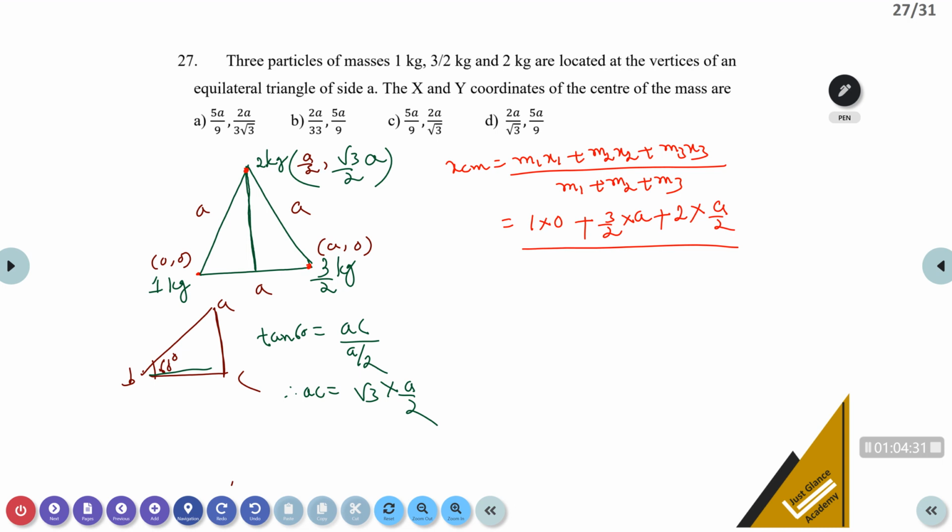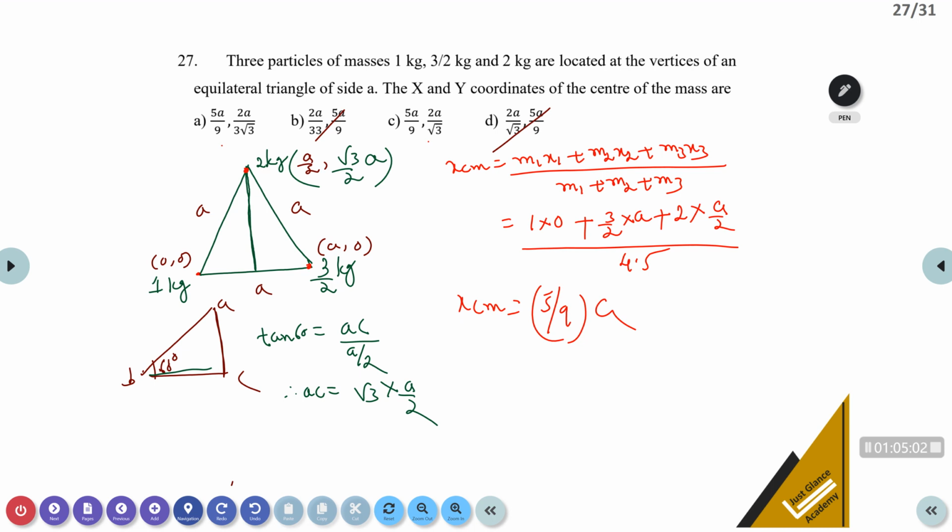This becomes 4.5. Then simplify it. X of cm equals 5 by 9 A. So either this is right or else this is right.